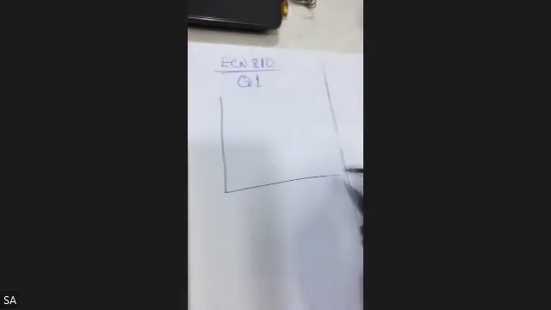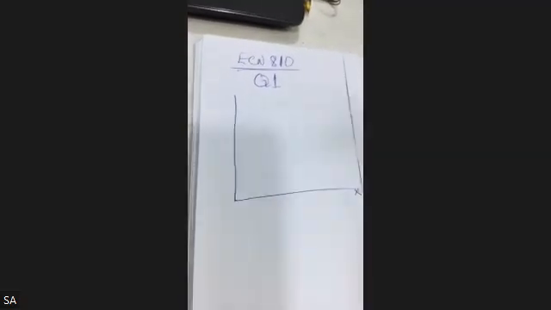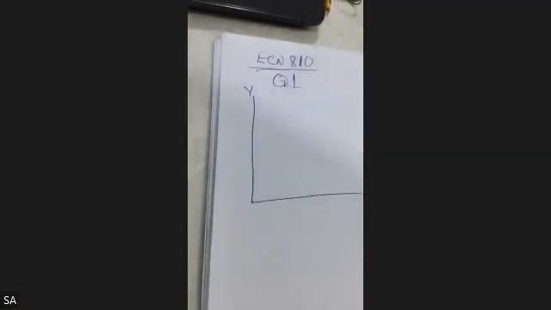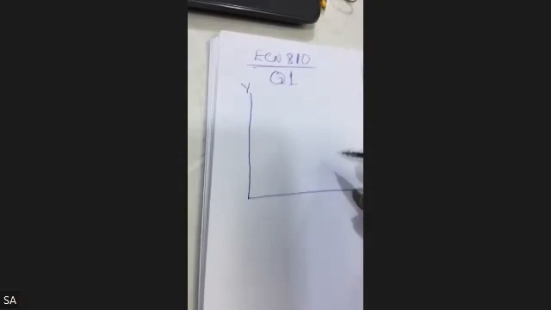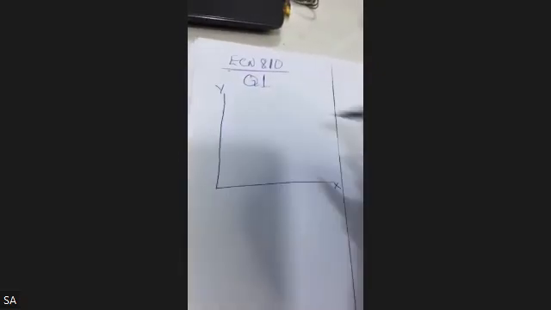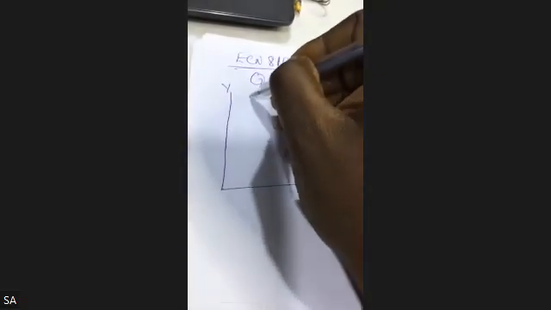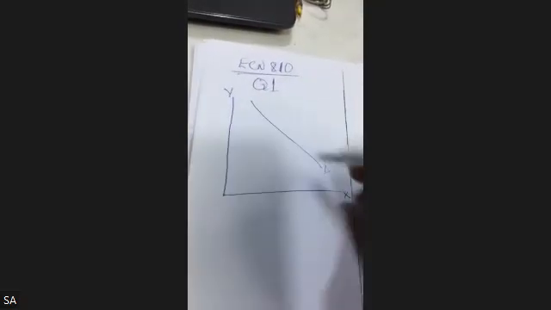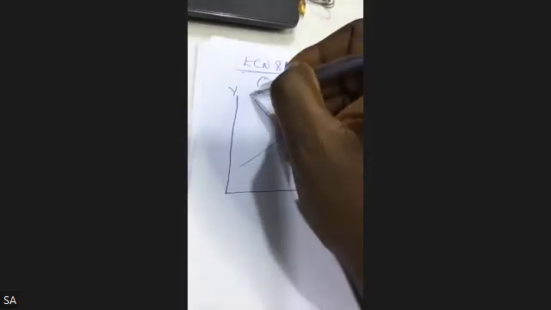Okay, this is X. According to the question, this is X, and this is Y. Okay, we have demand. This is demand. And this is supply.